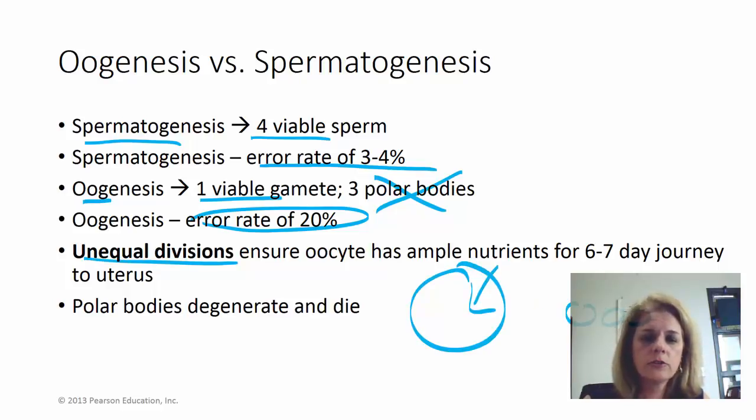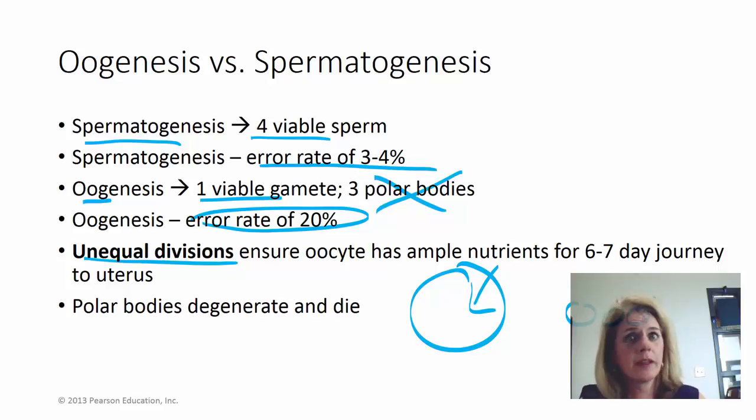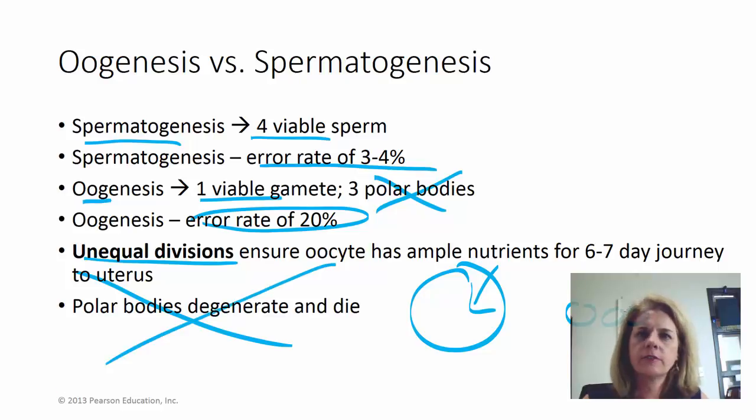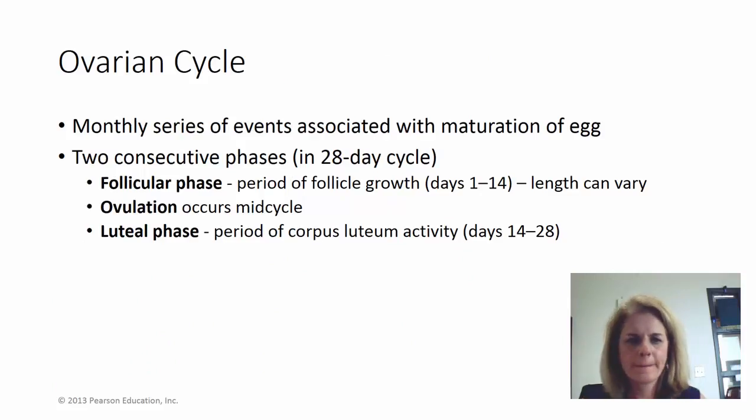This ensures that you've got ample nutrition for that fertilized egg to make it all the way to the uterus, where it's going to implant and then form a baby. Think about it almost like the egg yolk in an egg. So it's providing the nutrition. We'll talk about how that works when we get to the actual pregnancy. Don't worry about the polar bodies. They just degenerate and disappear. They get taken back up by the body.